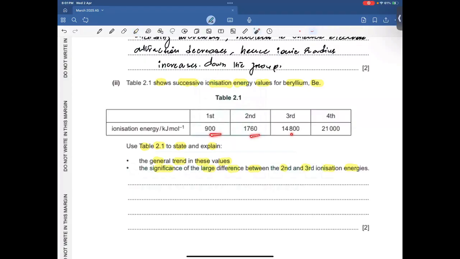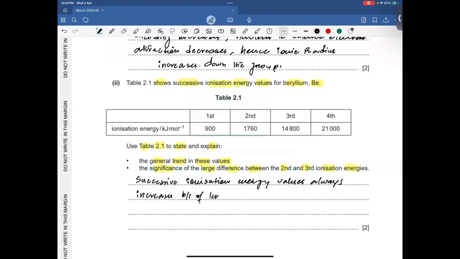So technically, successive ionization energy values always increase, because of less shielding effect.